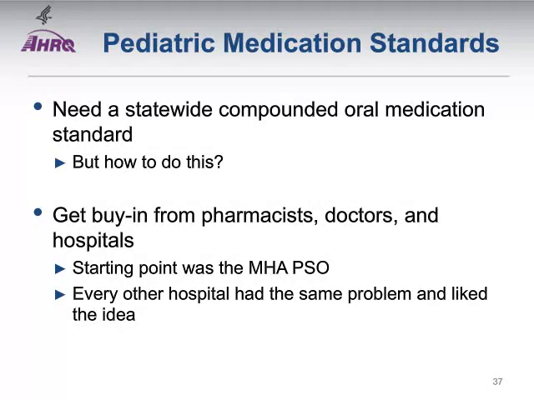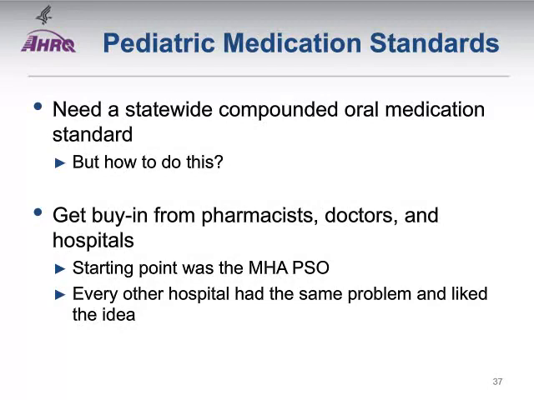Obviously, we had a big problem with this. Kids would come into the hospital. The families wouldn't know what concentration they're on. They're just saying they're giving their kid a teaspoon of some medication, and we would screw it up and have either an underdose or an overdose when we tried to follow this. So we thought we needed a statewide standard compounded oral medications list, but how would we do this?